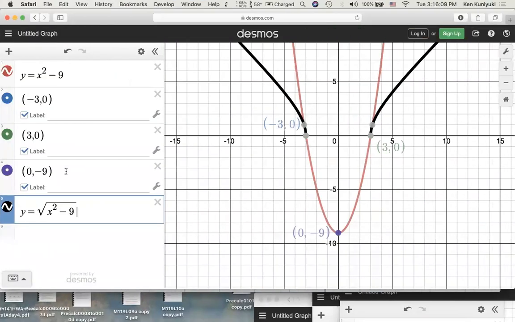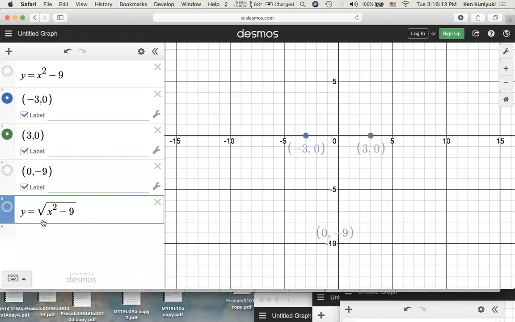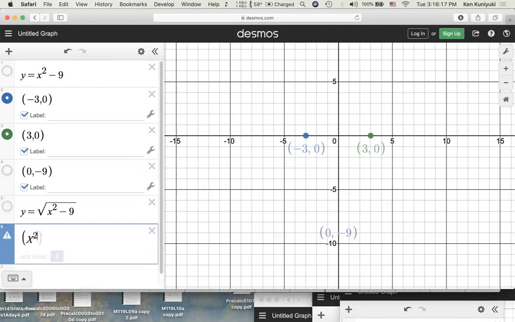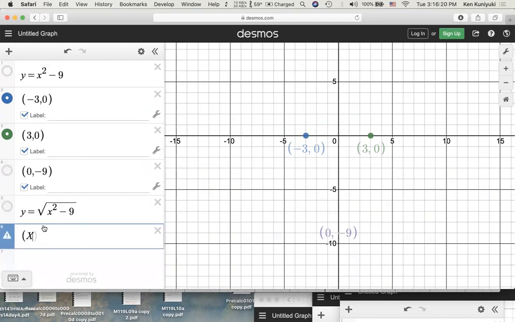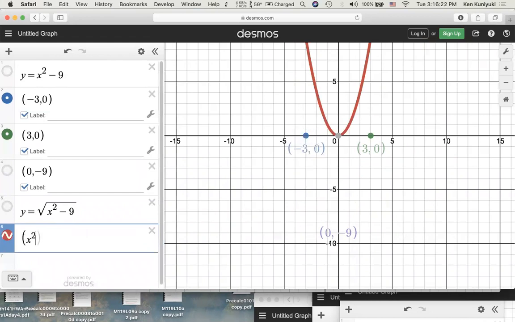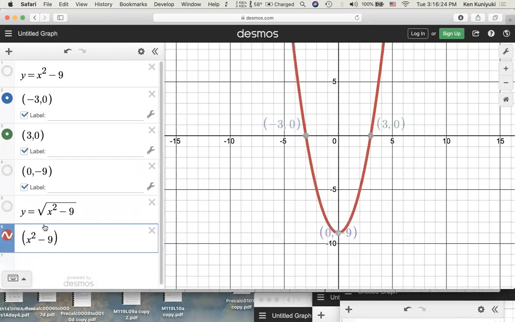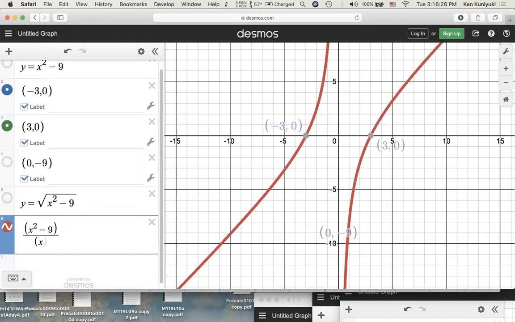Here's the graph. Use parentheses, x squared minus 9, over parentheses x plus 7.